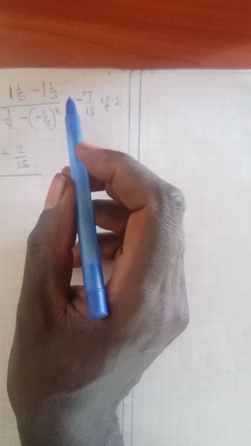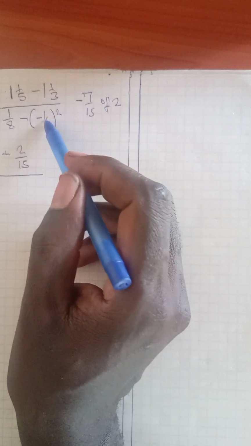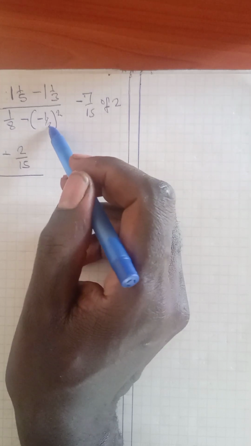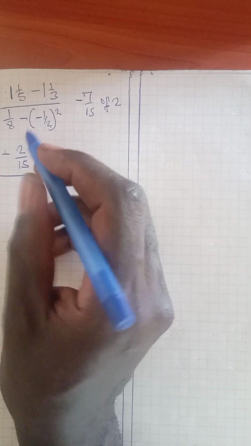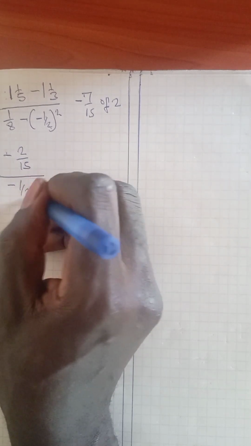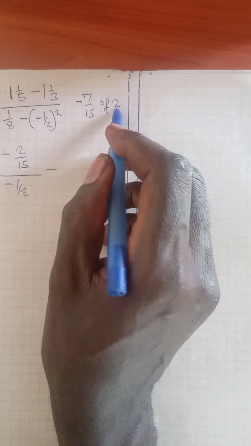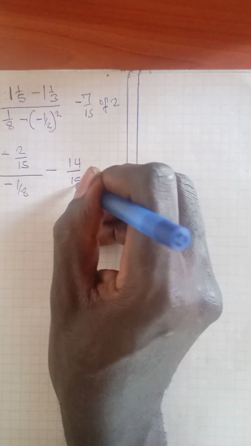Now, if you work out this part, the square of a half, we shall get a quarter. Now, a quarter subtracted from 1 over 8 shall get negative 1 over 8, minus this part, 5 over 7 of 2, should be able to get 14 over 15.